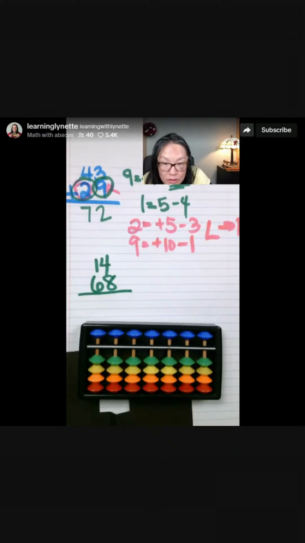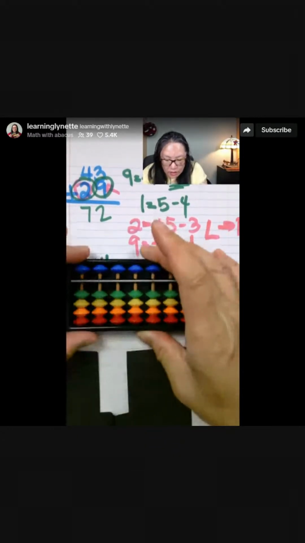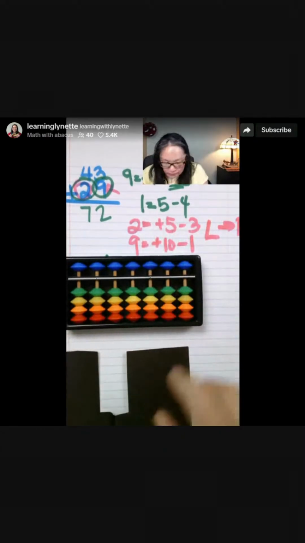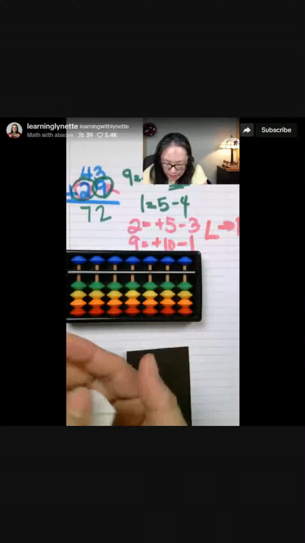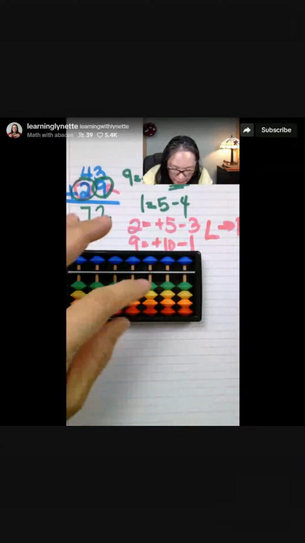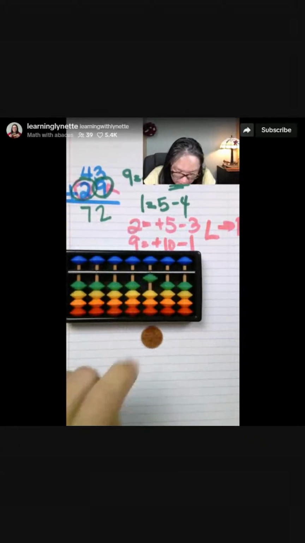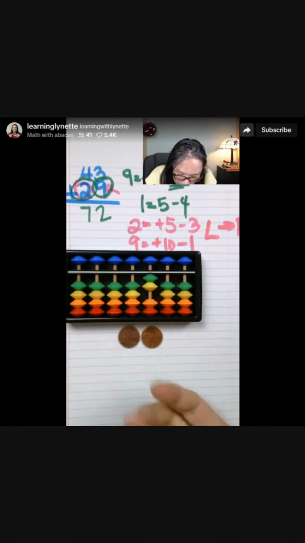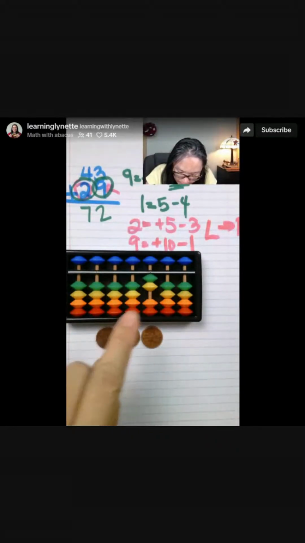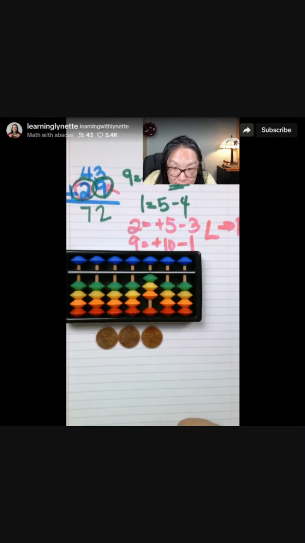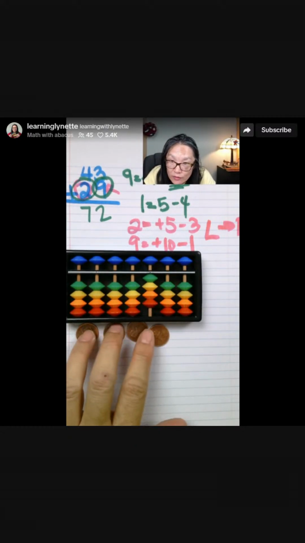When we're looking at it, if I have 1 on the abacus, this is 1. This is 1 cent. Here's 2, and this is 2 cents. This is 3, this is 3 cents. Does that make sense, AV? And then this is 4. We have 4 cents. Does that make sense? And so what happens is when I want to do 5, 5 is the top bead. That's what 5 is, like 5 cents.